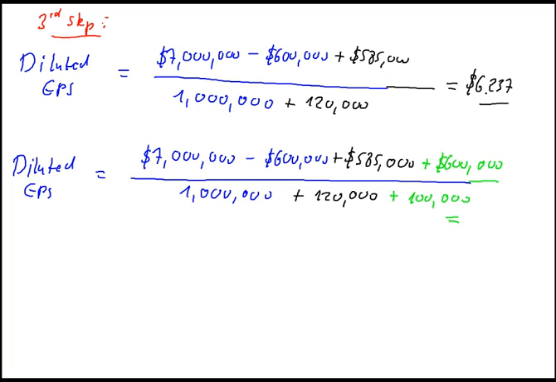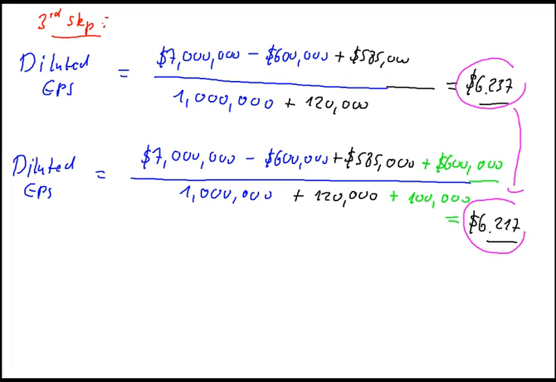And now I can fill in the figures in the calculator again very quickly. So I take 7,585,000 in the numerator, and I divide that by 1,220,000. Here we go. So that gives $6.217. So we see now that the EPS figure went further down from $6.237 to $6.217.